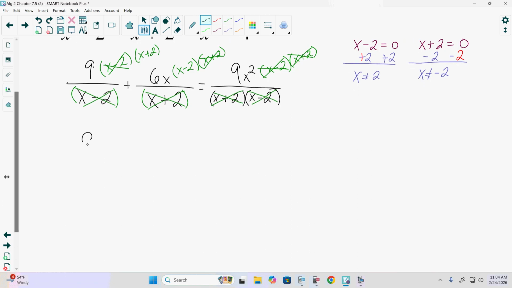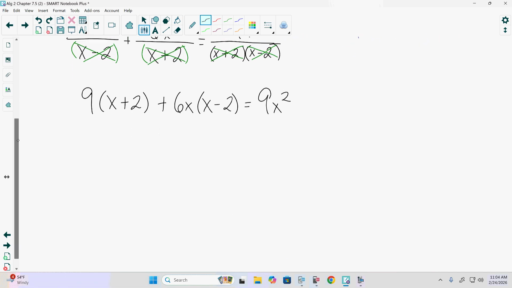Now what we have left is 9 times x plus 2 plus 6x times x minus 2 is equal to 9x squared.